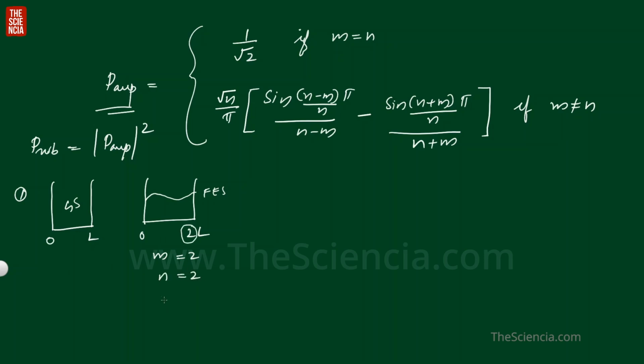So here m equal to n. So what we get? We get probability amplitude is equal to 1 by root 2. Therefore, when we take the probability, we get modulus of probability amplitude square, that is equal to 1 by 2. This is the same value we got earlier by solving the integral and all, right?